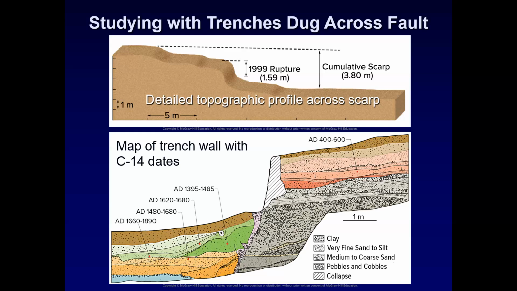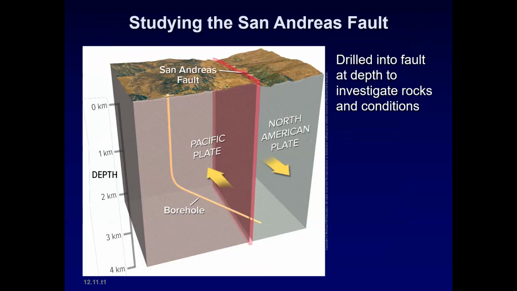They then concluded that a major earthquake occurs on this fault about every 200 to 300 years. It's impossible to predict things exactly, but you can map trends and see what's going on here over time.